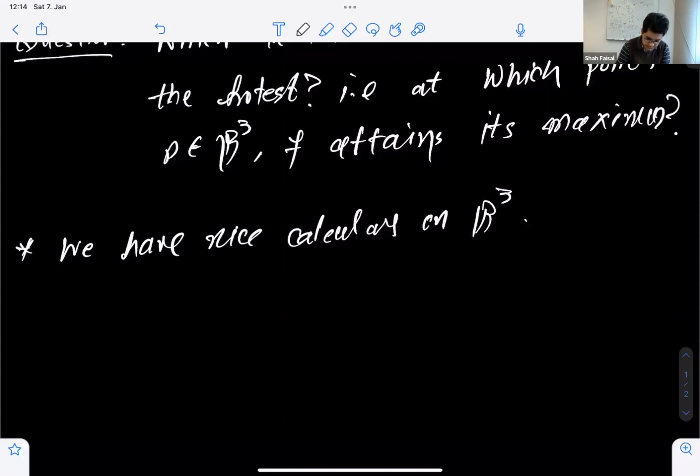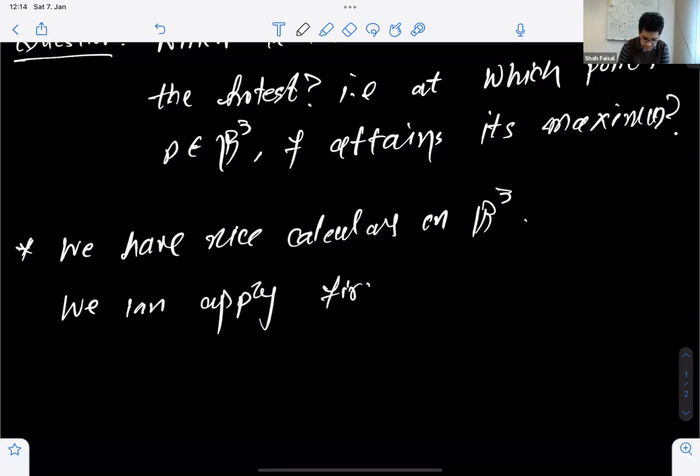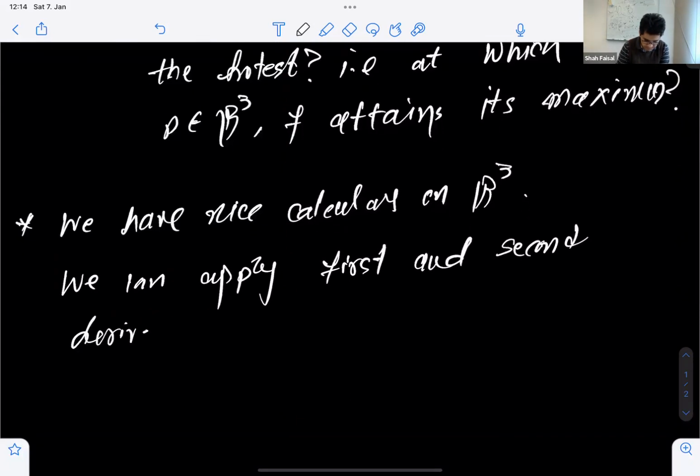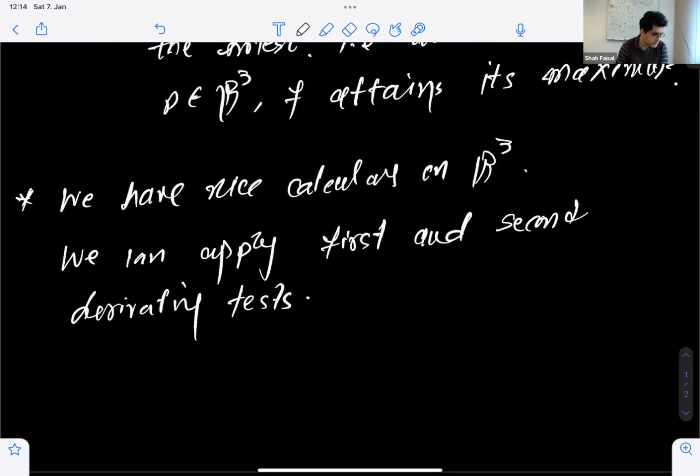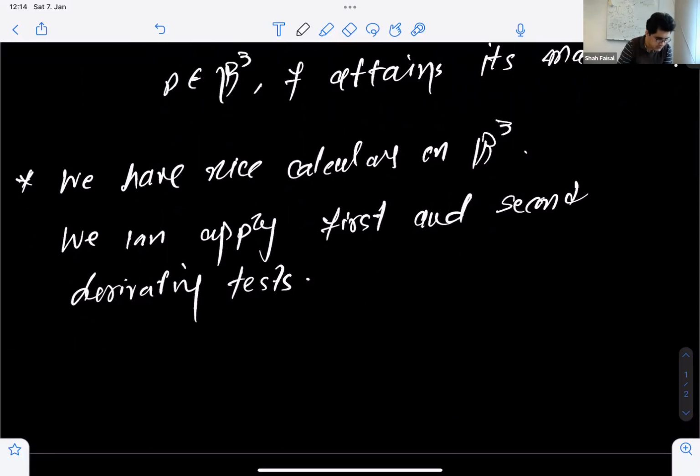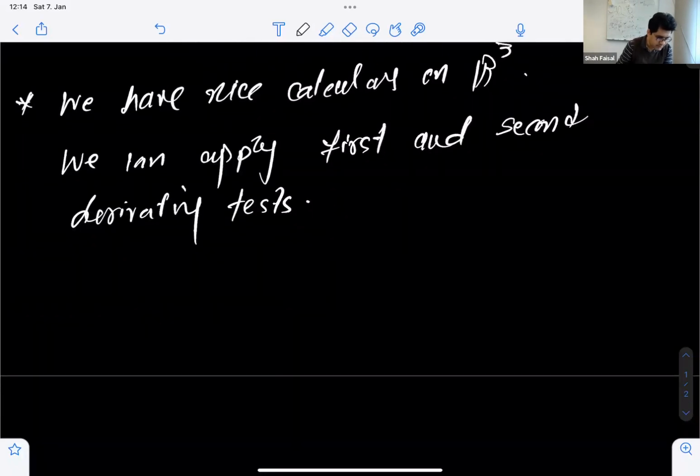So we can apply the first and second derivative tests. If you have any question, you can stop me and ask me. You can compute the critical points, assuming the function is smooth enough, and then you see which critical points are local maximum or global maximum and so on.